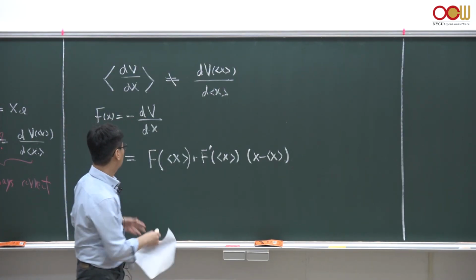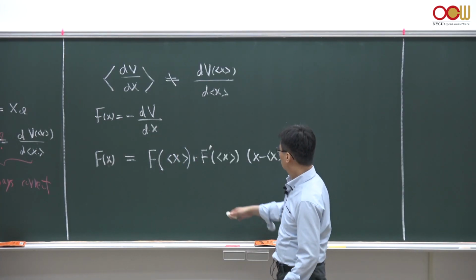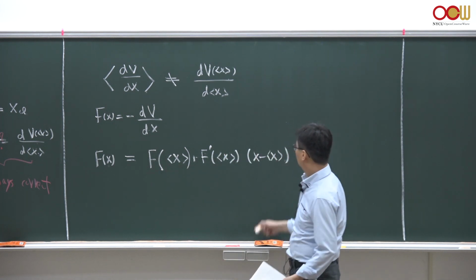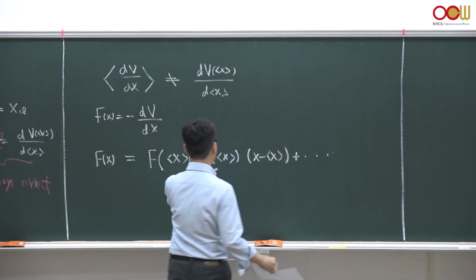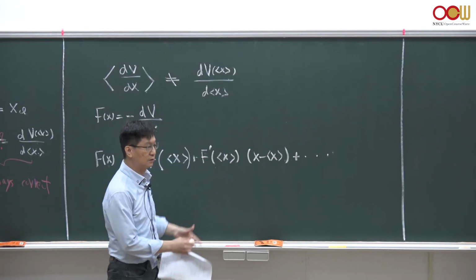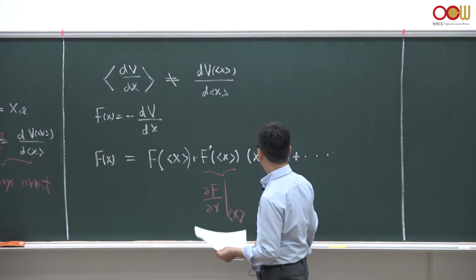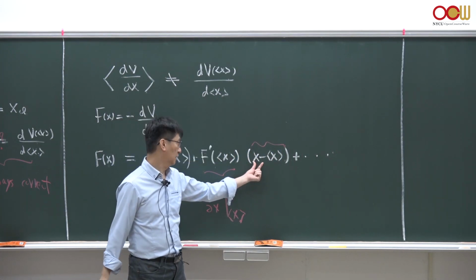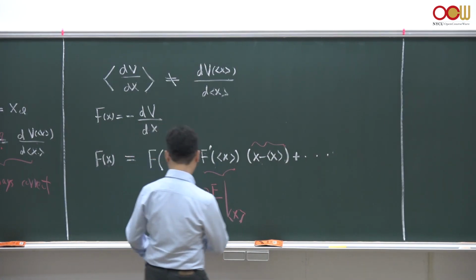Any arbitrary f of x could be expanded as f of average x plus the Taylor expanded terms. At first order, this is just the first derivative of the force with respect to x, taking x to be the average value, times this small deviation between x and x average, plus the higher order terms.